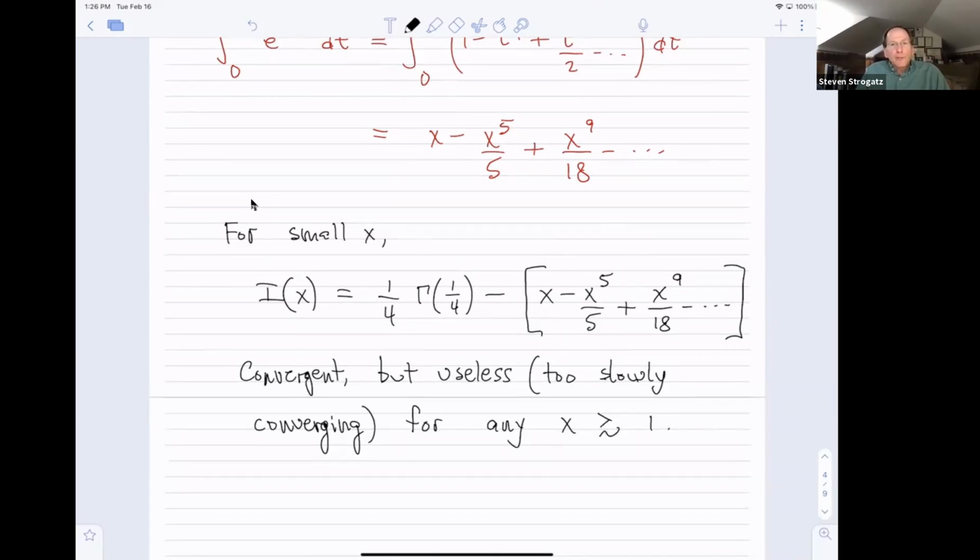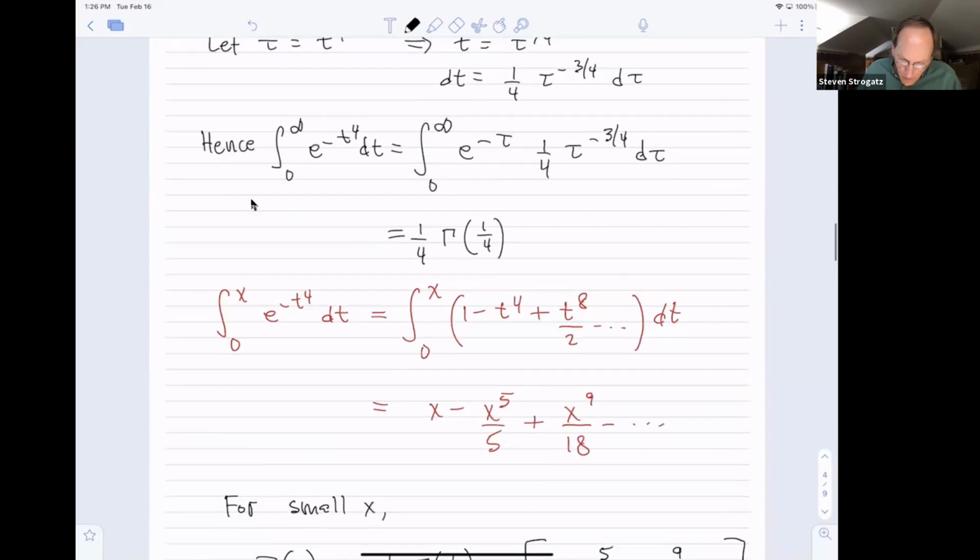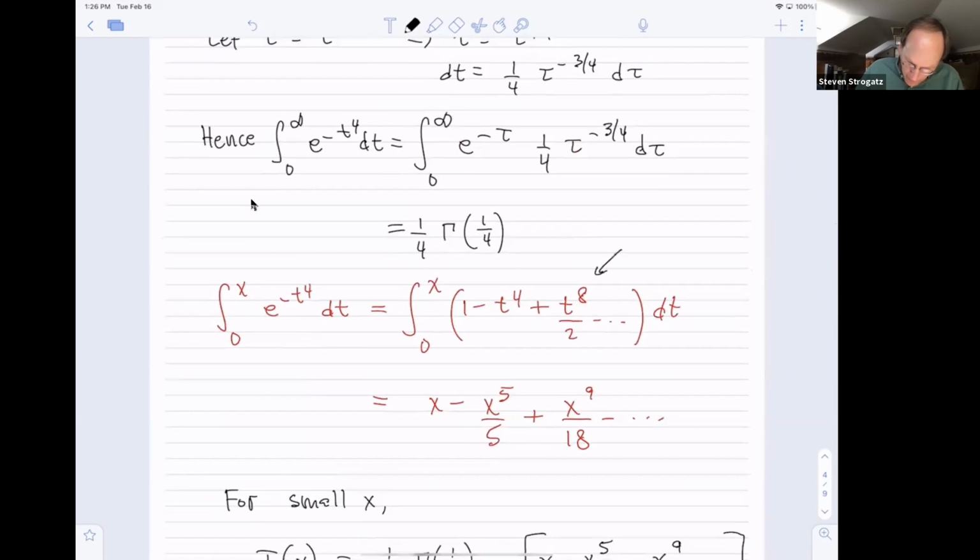I think we could prove that this does converge for all x, because we've got factorials in the denominator that I haven't been writing. With this e, if I were to write this out properly, what is this term right here? This one is t to the 4th squared over 2 factorial.